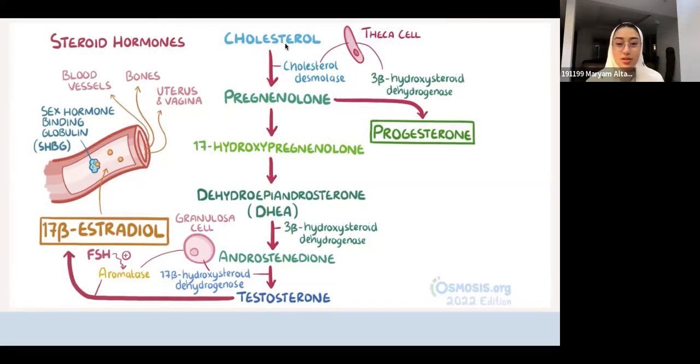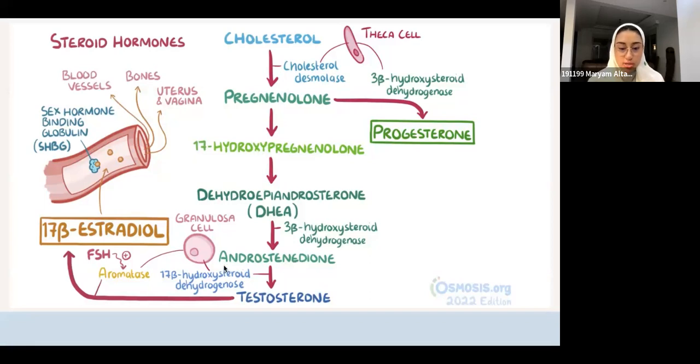But so what happens is your cholesterol turns into pregnenolone, and your pregnenolone turns into progesterone in your theca cells. Remember, we have the most progesterone in the luteal phase. In our follicular phase, that pregnenolone is turned into intermediates like 17-hydroxypregnenolone and DHEA, again by this 3-beta hydroxysteroid dehydrogenase.